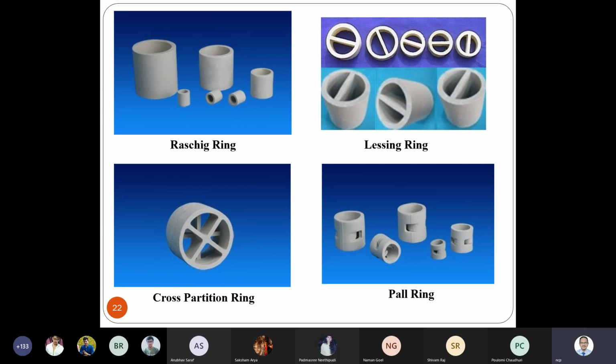Same thing, one partition is there, right? And diametrically this one partition is there. So that in fact increases the surface area to some extent, right? So here we get the external and internal surface of this tube.